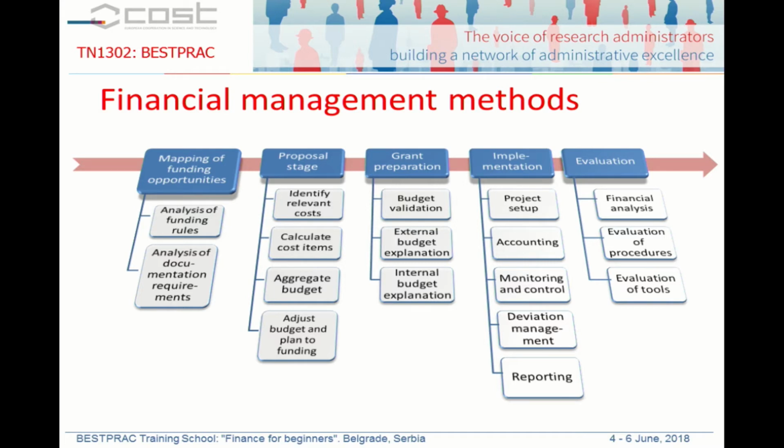And then, if this is new for your organization, you've never done this kind of project before, you have to do calculations on how these costs add up to the whole project budget and to, later on, when you report. Then once you've identified each and every cost item, you've done the calculations, then you produce the budget for the proposal stage.